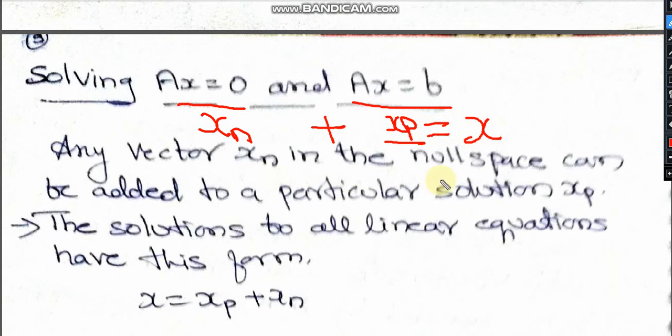So any vector xn in the null space can be added to a particular solution xp. The solution to all linear equations has this form. So this is the form of solving a matrix. The total solution is the particular solution plus the null solution. When you want to solve for a particular solution, you have to keep b as it is, and when you want to solve for the null space, xn, at that time you have to substitute b equals 0.